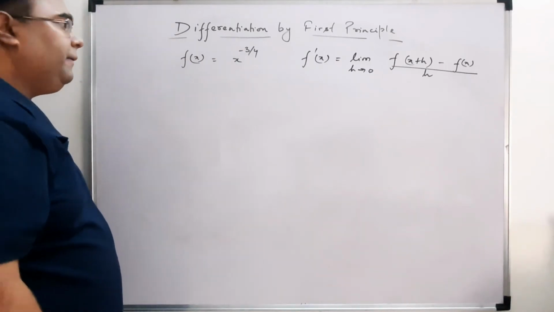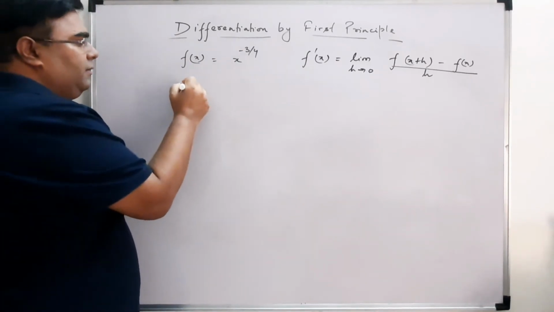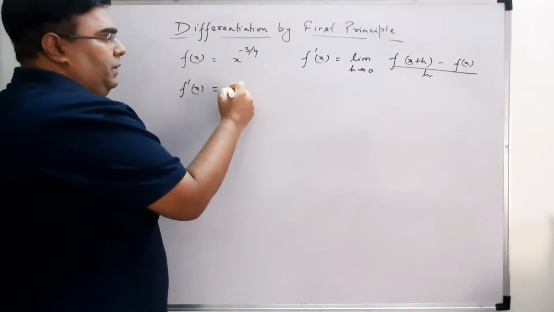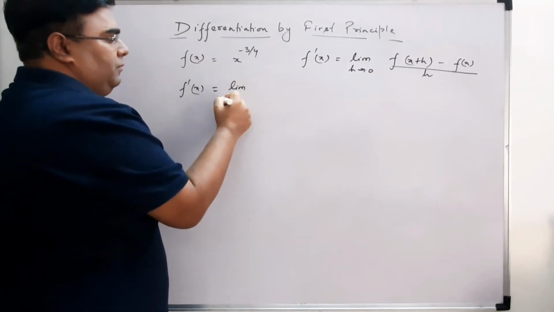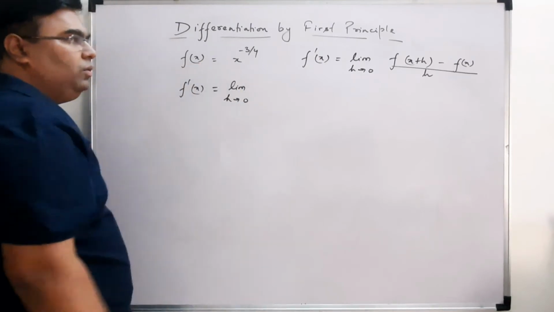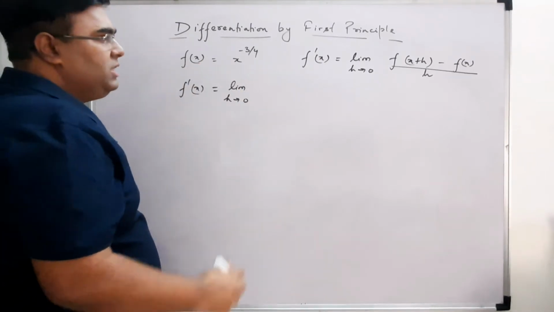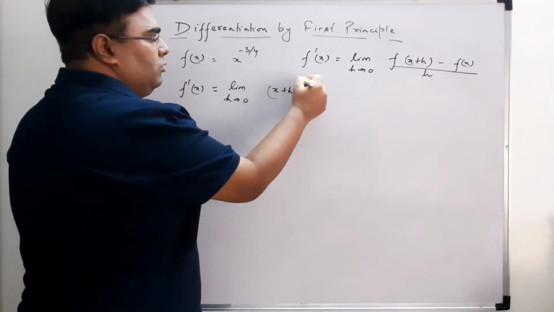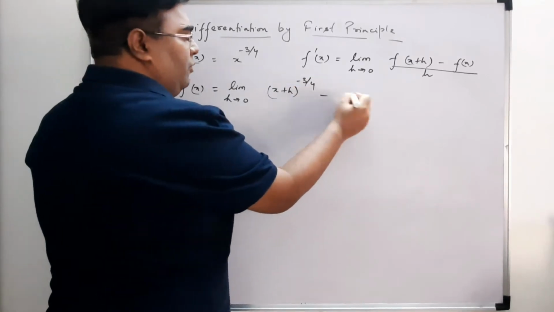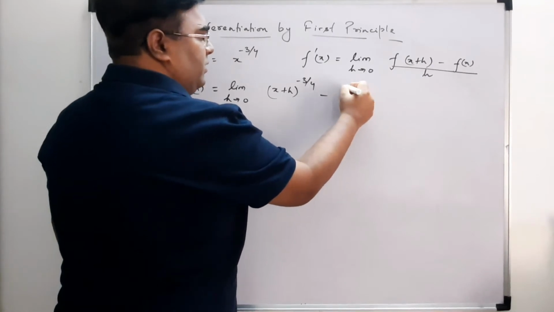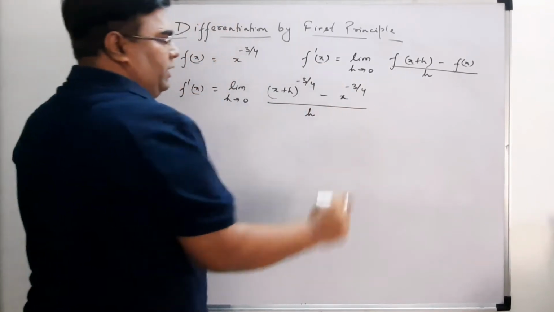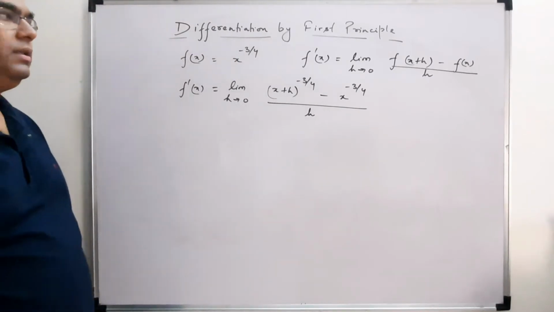Let us apply it here. It will be limit h tends to 0 of f(x plus h) minus f(x) upon h, which is (x plus h) raised to minus 3 by 4 minus x raised to minus 3 by 4, upon h.